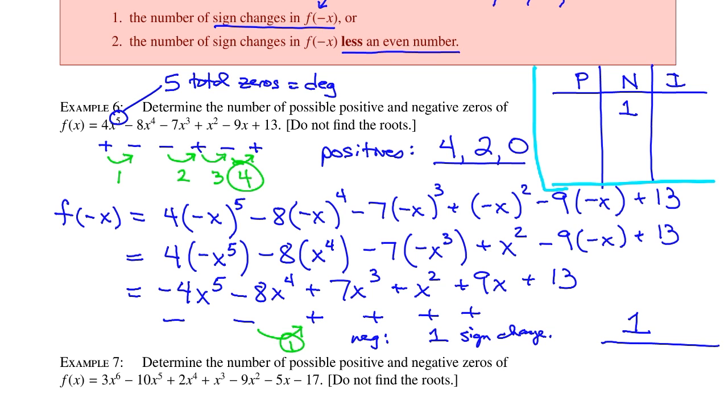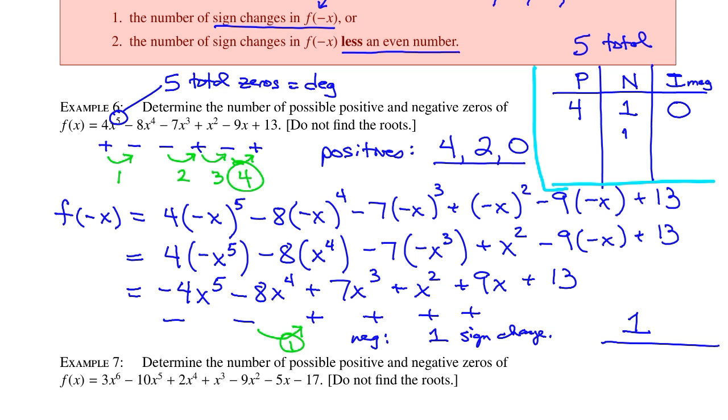But I could have 4 positives. Now, I need 5 total. So if I have 4 positives and 1 negative, that leaves me with 0 imaginary numbers. So this is one possible scenario for the way that the roots could come out of this polynomial. 4 positives, 1 negative, and 0 imaginaries.